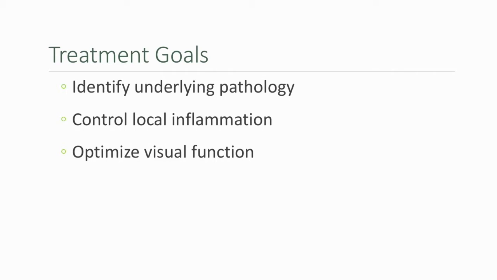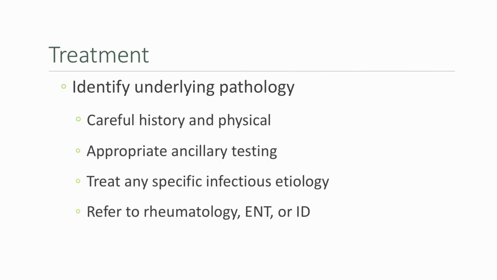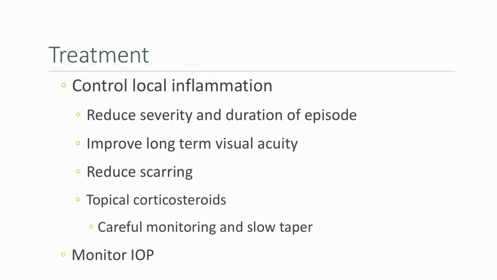So once that's done, then we can worry about controlling the local inflammation, and of course, optimizing visual function is our third goal. In terms of identifying the underlying pathology, again, careful history and physical, appropriate ancillary testing, treating any specific infectious etiology first, and getting help from friends in rheumatology, ENT, or infectious disease as needed.